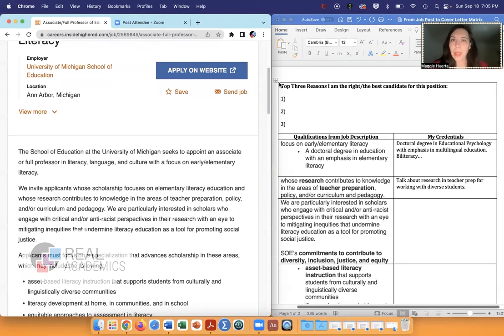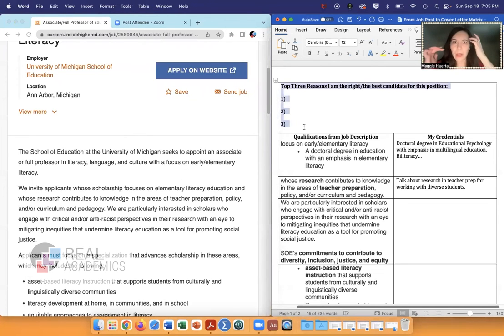Once you have these written out, they're awesome tools for you to prepare for the Zoom interview, the on-campus interview, and let me back up, even for writing your cover letter, because you want to emphasize those points over and over again. Okay, so that's that.